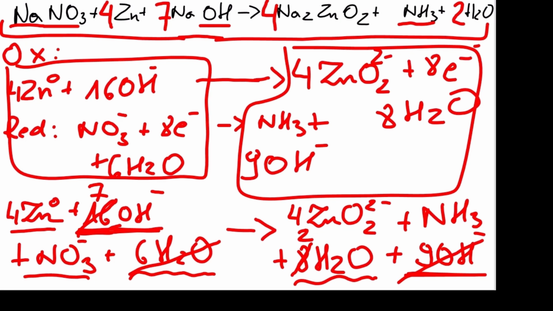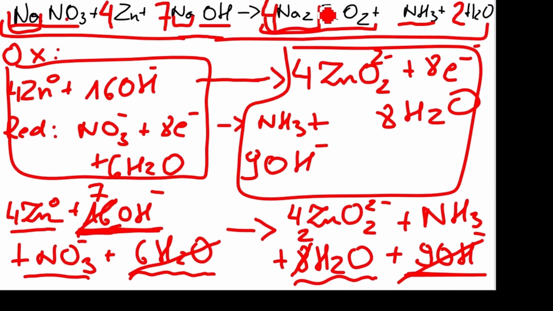Let's see if it is correct. On the left side 4 atoms of zinc, on the right side 4 atoms of zinc. On the left side 1 and 7 atoms of sodium give us 8 atoms of sodium. On the right side 4 particles of sodium zincate give us 8 atoms of sodium.